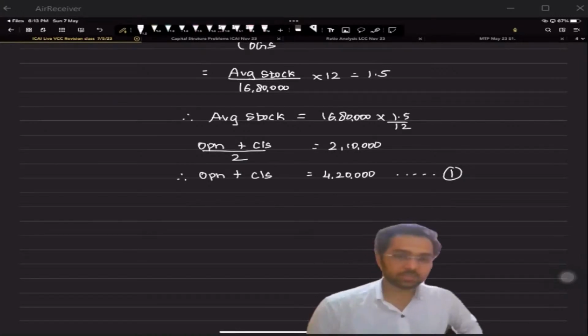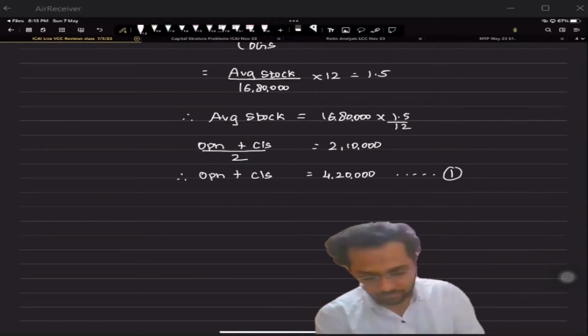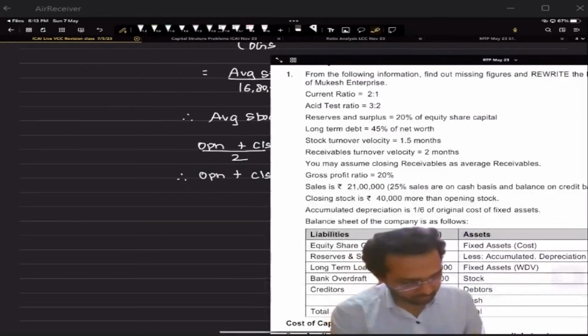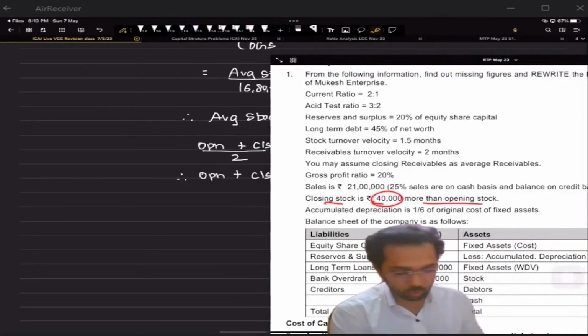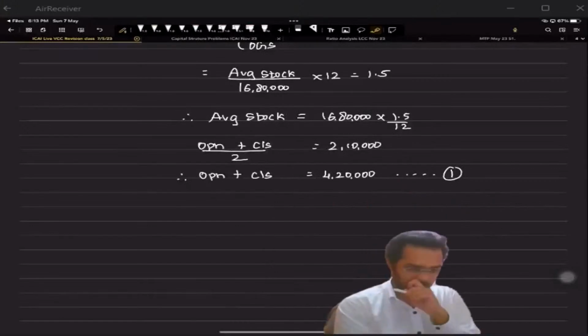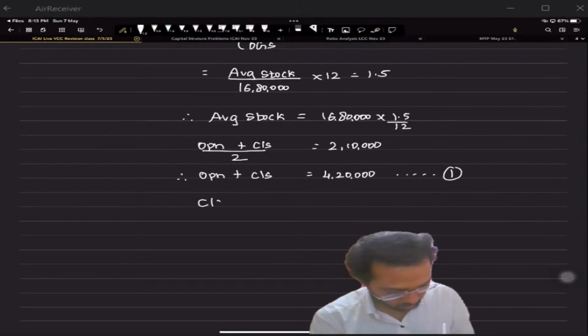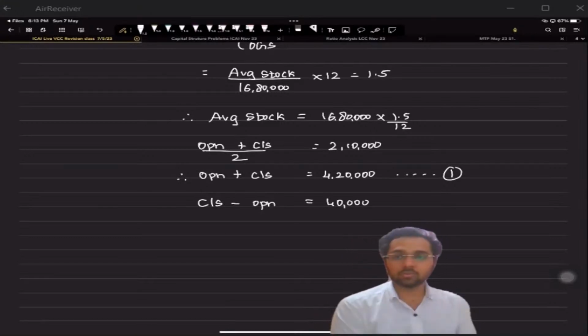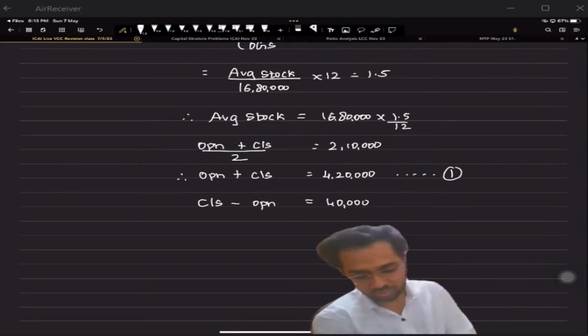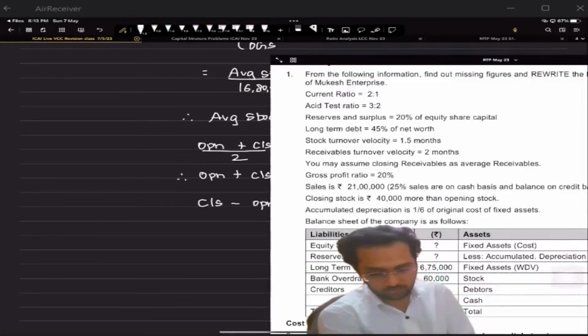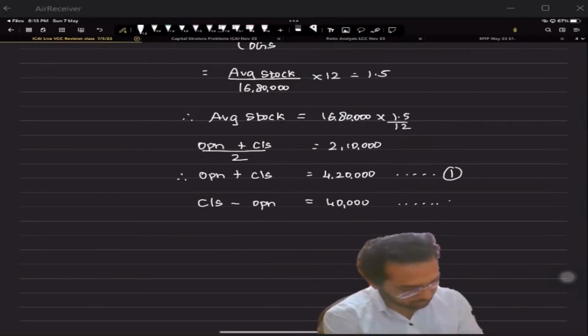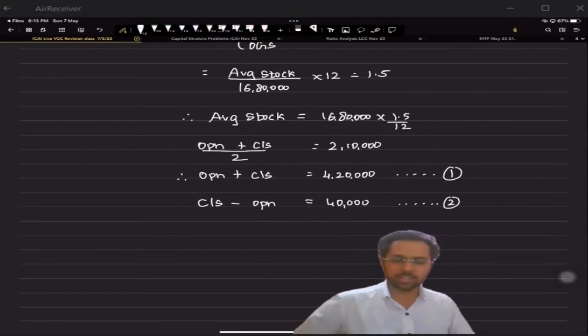But there is another piece of information which says closing stock is 40,000 more than opening stock. So closing minus opening is 40,000. We take that into account, and this is the second equation.